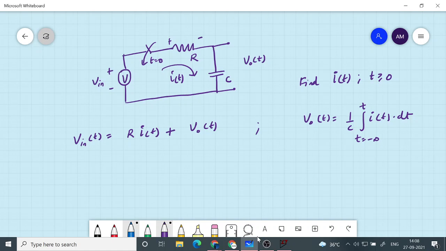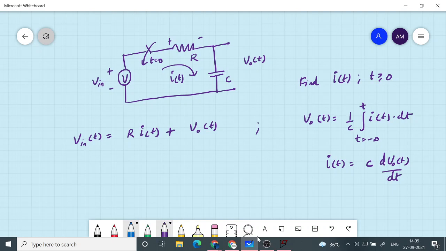So if I substitute that, then there will be an integral, and that I have not covered in signals and systems: how to find the Laplace transform of an integral of a function. So what I would do is that I will write it as V0 of t itself here, and then I will replace I of t in this expression as C dV0 of t by dt.